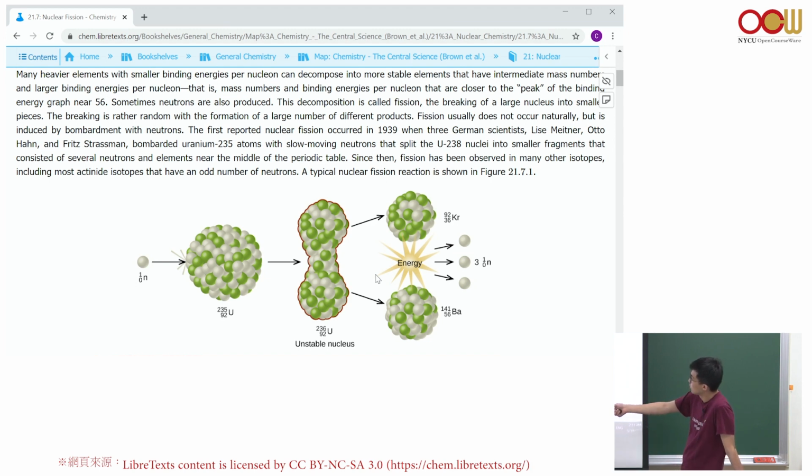And then uranium becomes something smaller, such as this Kr and Ba. And remember the conservation of neutrons and protons. This is a mental picture that you should have when you think of the fission process.